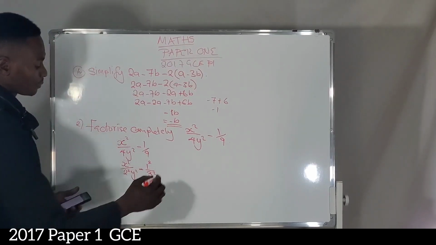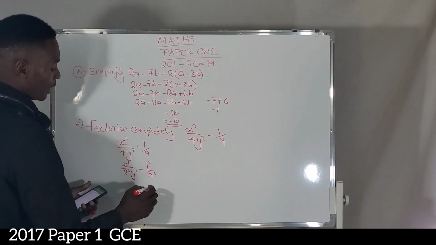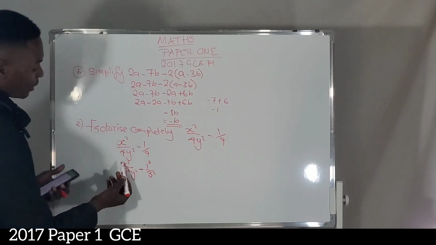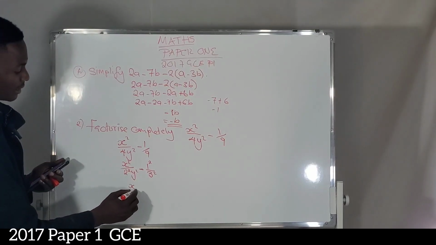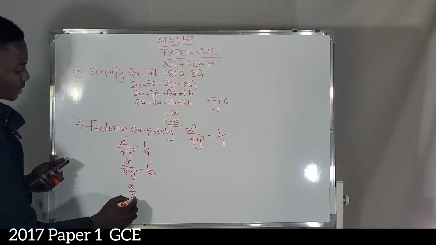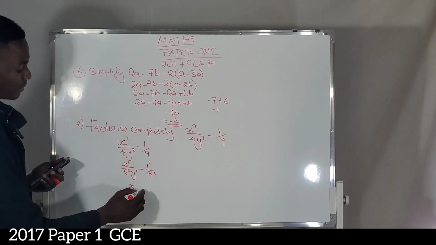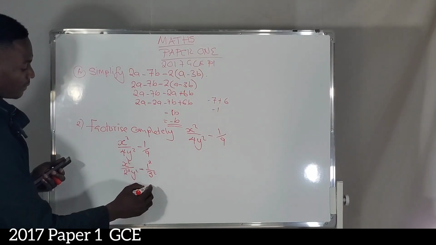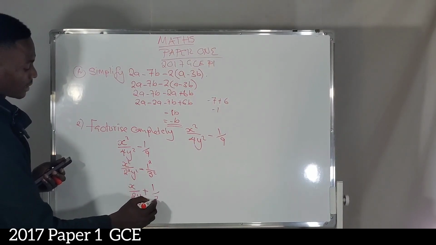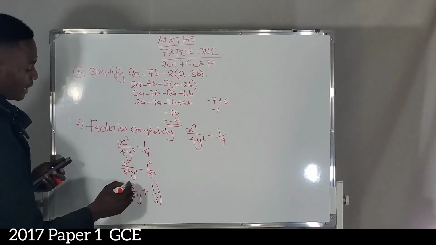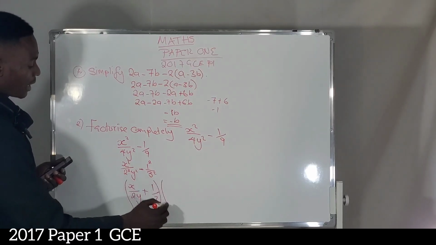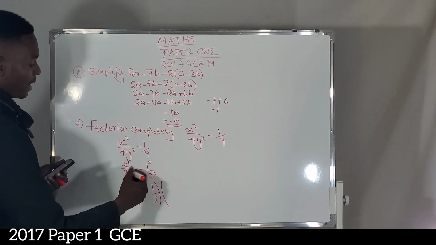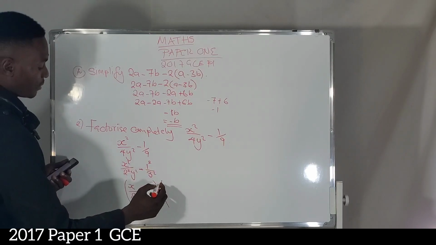What you do here, you write one of the x's here, then one of the 2y's, you do the same, then plus 1 over 3, okay, like this, then open bracket, the remaining numbers and variables.